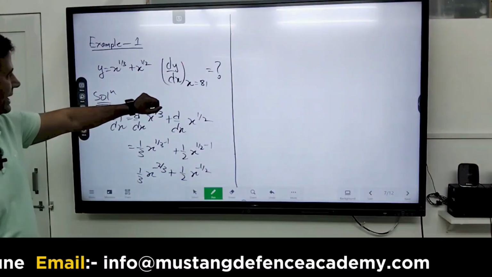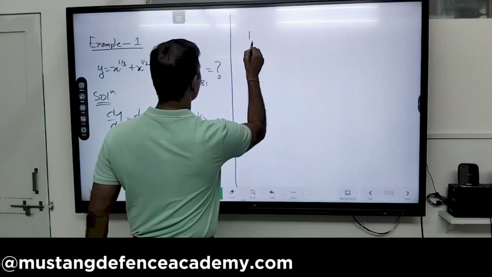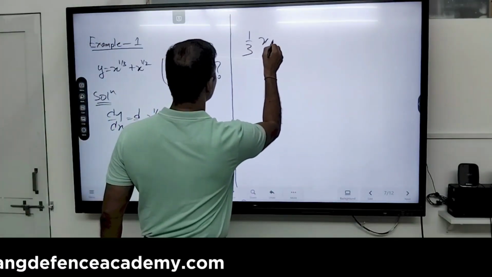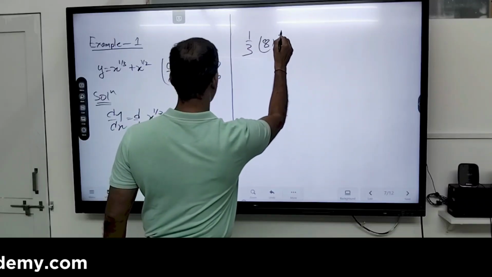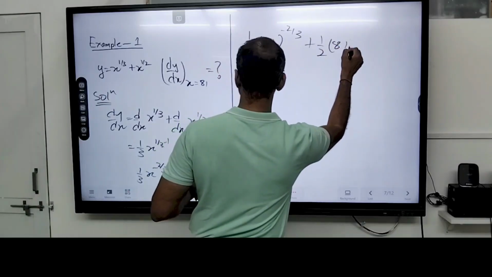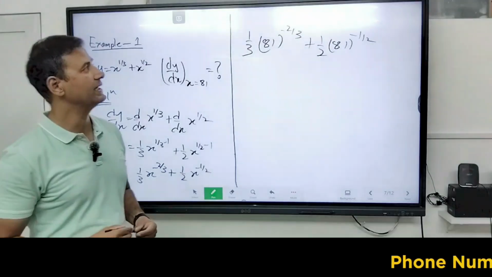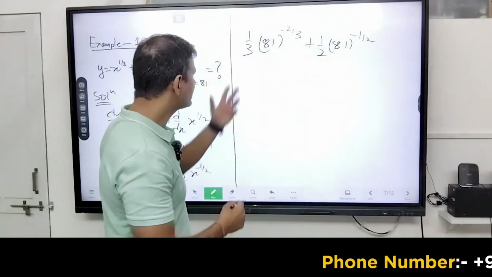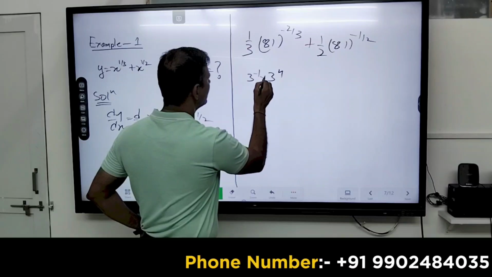Now we have to take the derivative at x is equal to 81. So 1 upon 3 into 81 raised to minus 2 by 3, plus 1 upon 2 into 81 raised to minus 1 by 2. So, gentlemen, 81 can be written as 3 raised to 4, and 1 by 3 is 3 raised to minus 1.